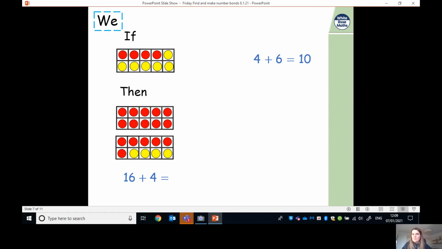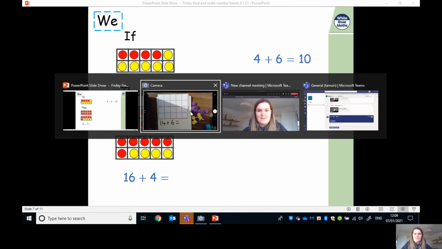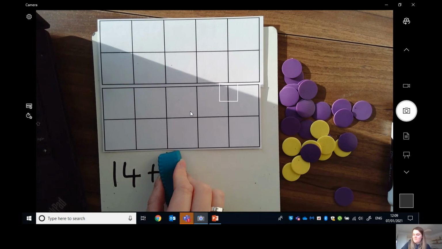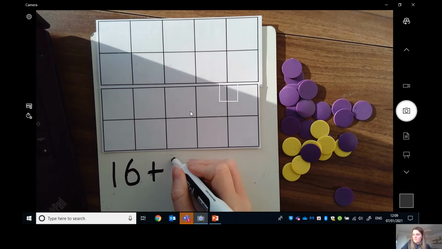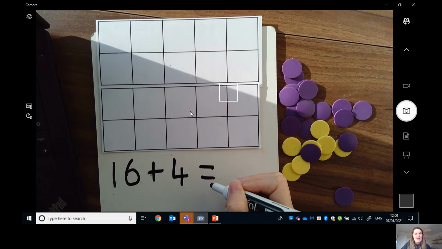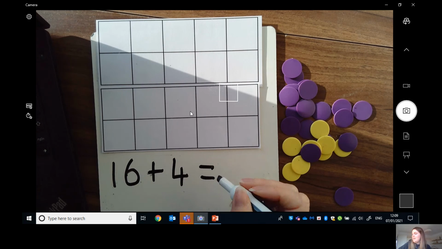Good job, we double checked. Well done for reminding me, because it's not 14 plus 6, is it? It's 16 plus 4. So let's change that. Well done, guys. 16 plus 4. Now I've written my sum correctly.